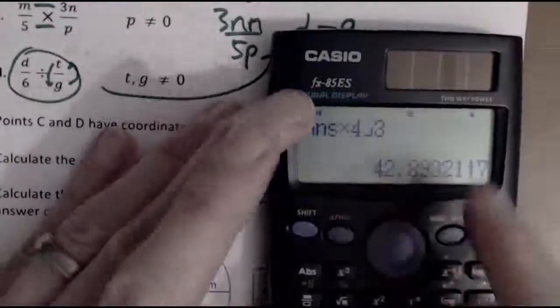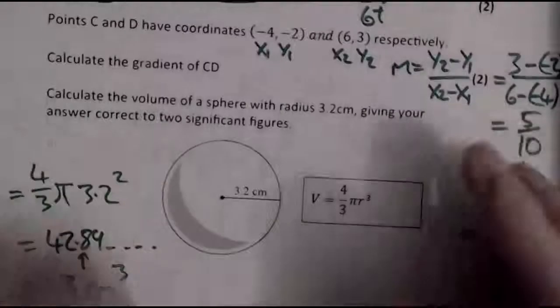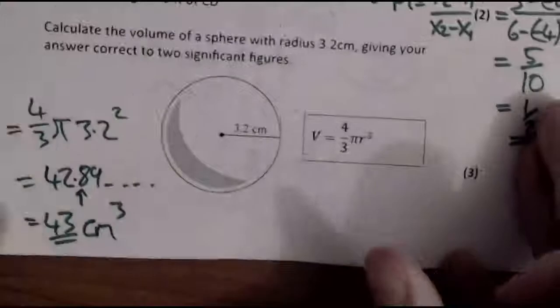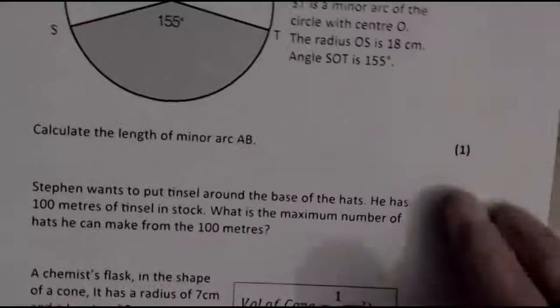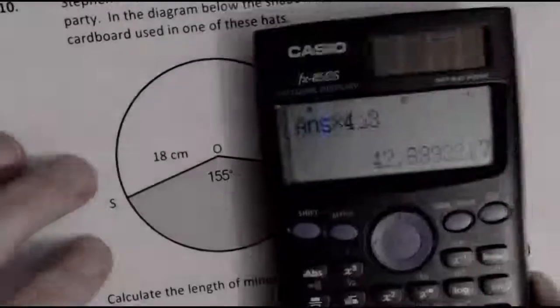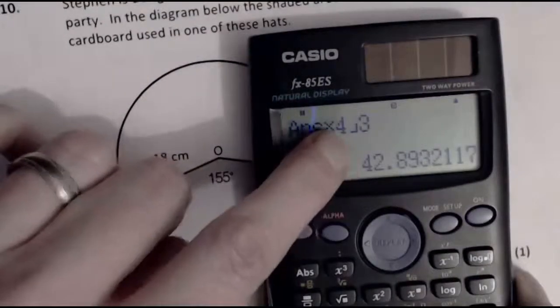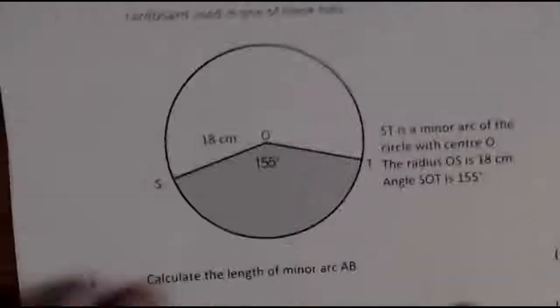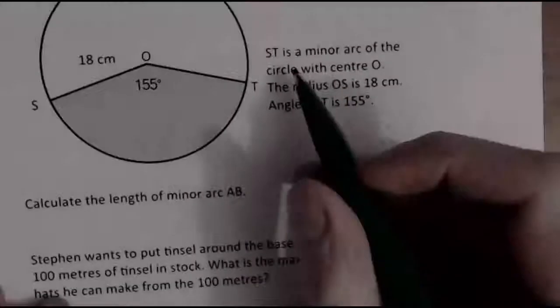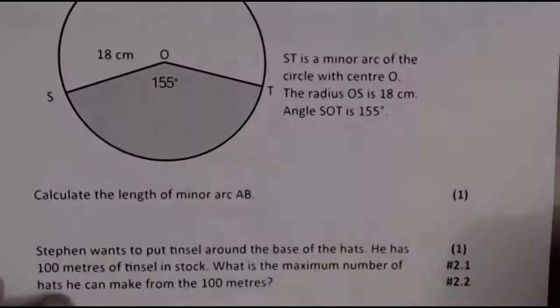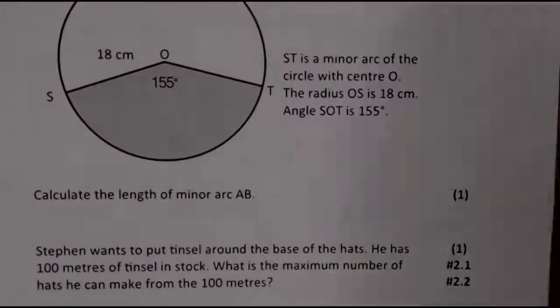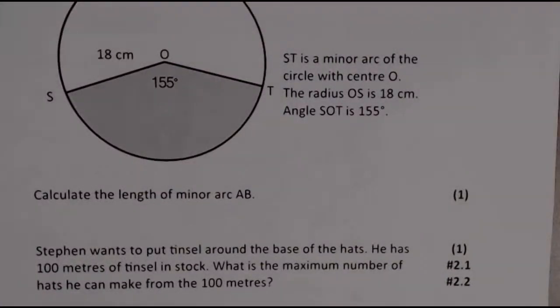And I probably shouldn't have drawn on the screen. Right, and then we're nearly there. Hopefully the fraction's correct there. Right. Then we want to work out SD as a minor arc, and we basically want to work out the length AB.